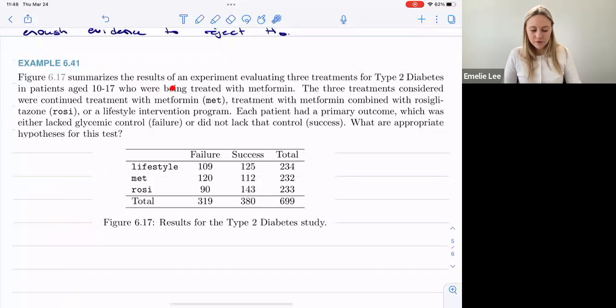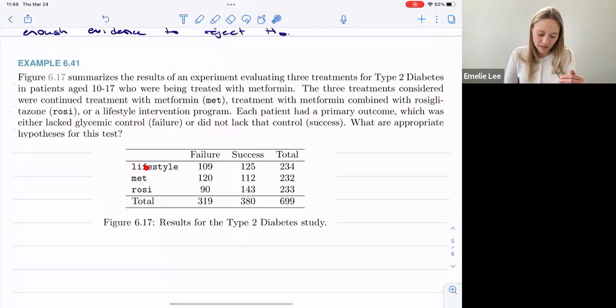So we've got an experiment where we're evaluating treatments for type 2 diabetes in patients aged 10 to 17 who are being treated with metformin. The 3 treatments considered were just the continued treatment of metformin, which we're denoting by MET, which is here in the table, metformin combined with rosiglitazone, Rosie, I prefer that one, or some sort of lifestyle intervention program.